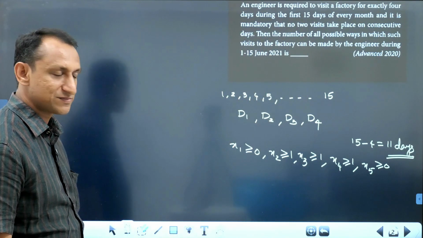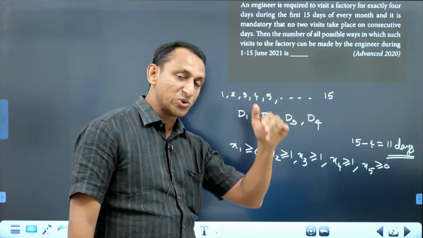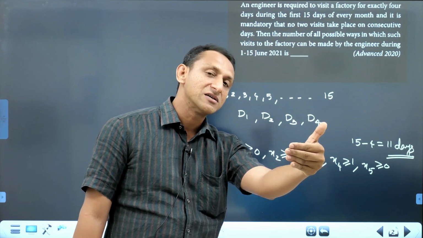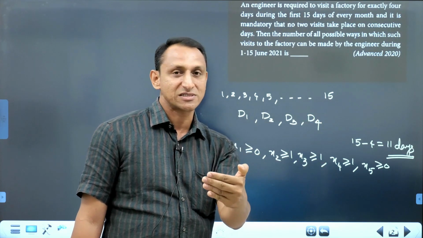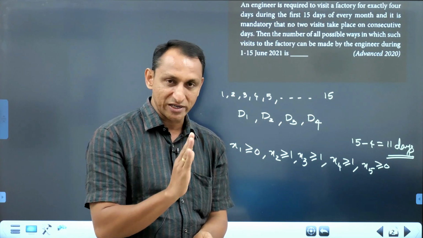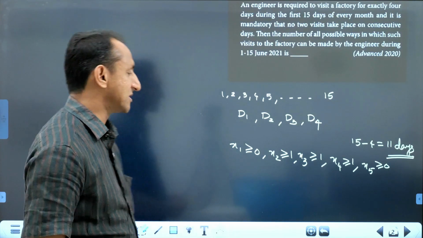Why? If he visits on June 15th, then the days after his last visit become 0. If it is on June 14th, there is 1 day after that visit, or June 13th, there are 2 days after that visit.